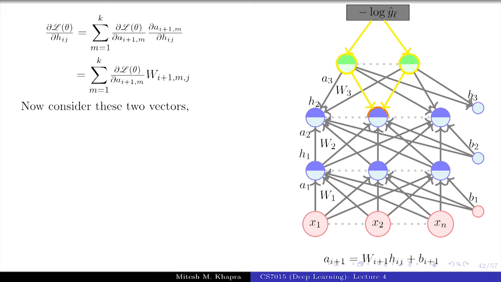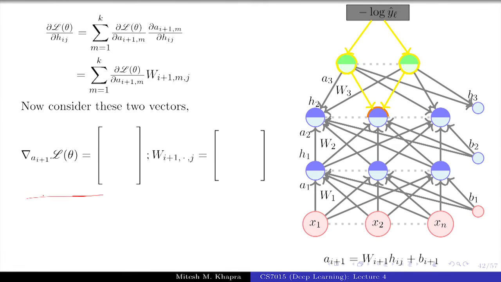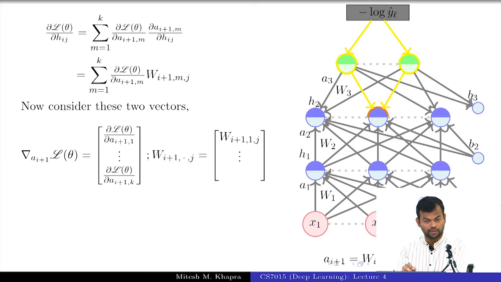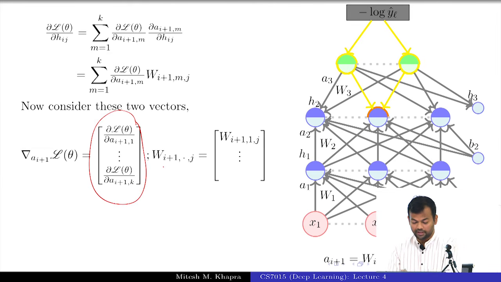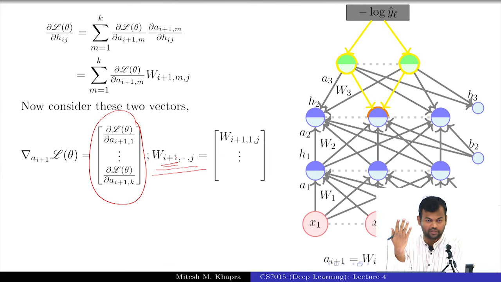Now, consider these 2 vectors. One is this vector. What does this vector look like? This is just a collection of all the partial derivatives, nothing new, we have already seen this. Now what is this vector actually? In fact, I have started with a matrix and I'm saying look at this vector. This I plus 1 is just the layer in which the matrix is, so that index we don't really care about.